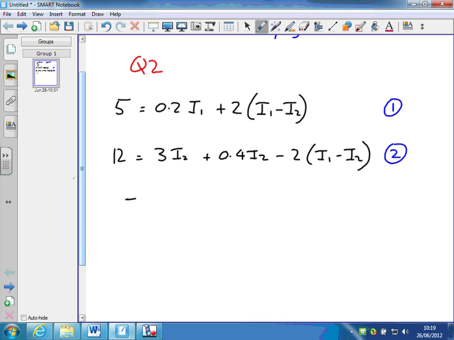So from equation 1, multiplying out the brackets, I've got 0.2 I1 plus 2 times I1 gives 2I1, and 2 times minus I2 gives minus 2I2.